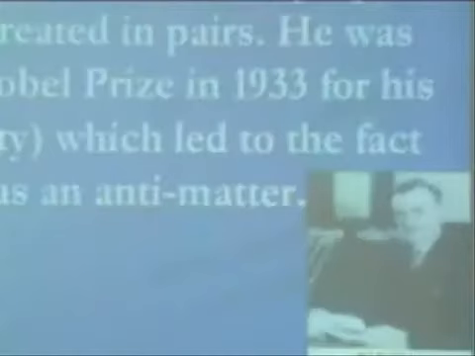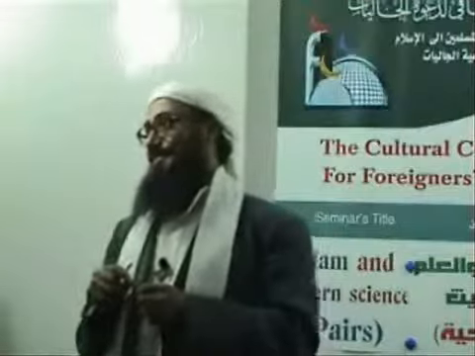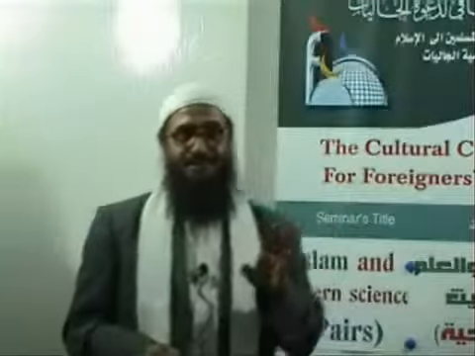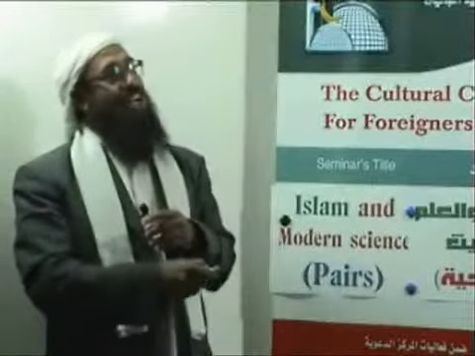Now we move to parity in matter. We have talked about pairs in animate beings. Now we are going to talk about parity in inanimate beings. So, parity in matter, where every matter has its antimatter.